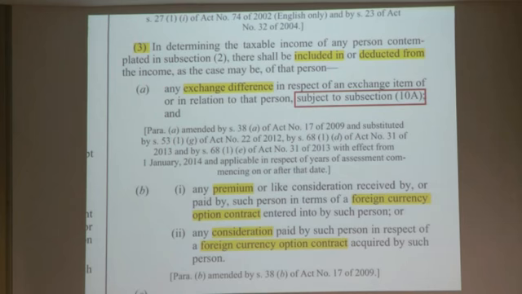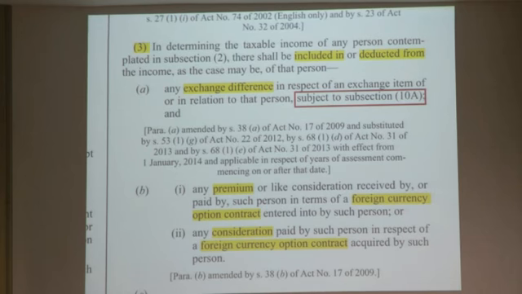So included will be a foreign exchange gain, and deducted will be a foreign exchange loss, because they talk about any exchange difference in respect of an exchange item of or in relation to that person. So for each exchange item that is applicable to your scenario, you're going to calculate an exchange difference.